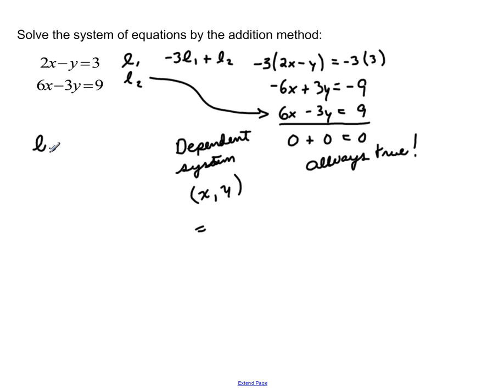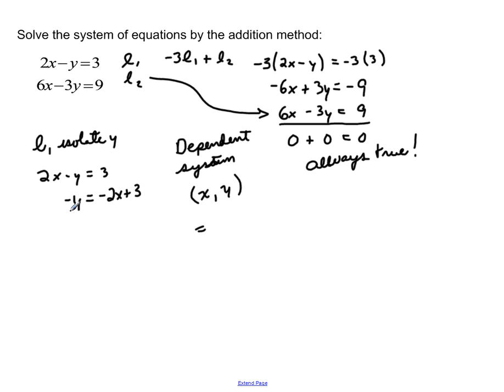So let's take line 1 right here. It's easy enough in line number 1 to isolate y, because we have 2x minus y equals 3. So if we take away 2x from both sides, we get y is equal to -2x plus 3.